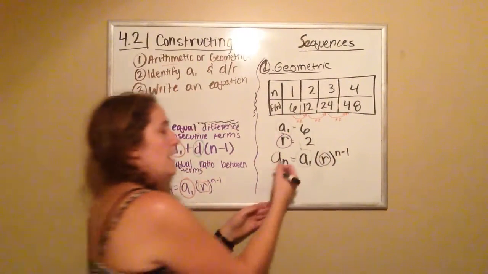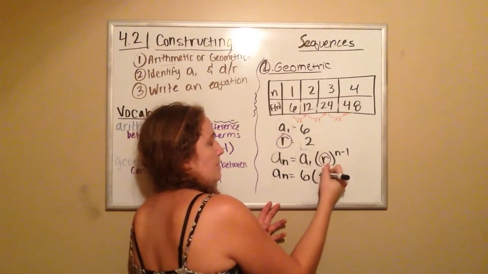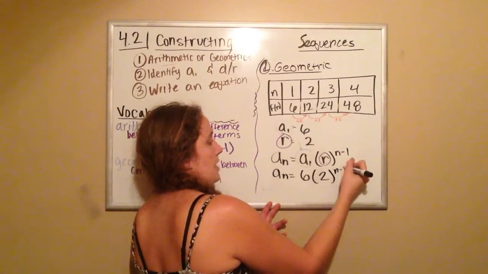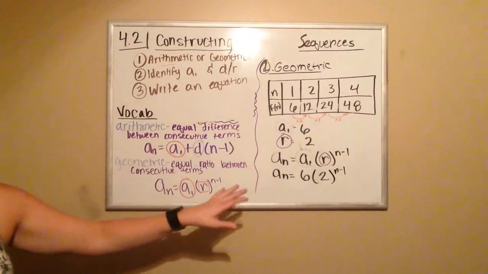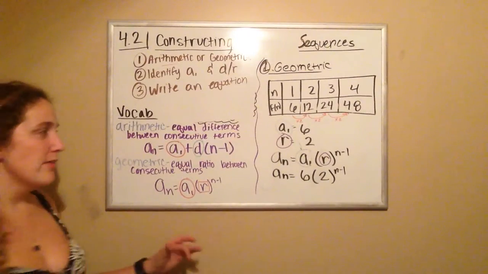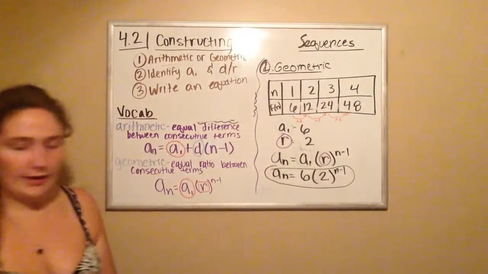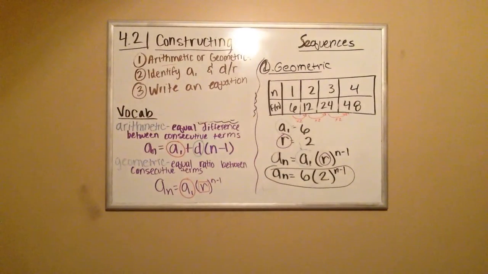So we get A of n is equal to 6 times 2 to the n minus 1. There's some stuff we could do to simplify this, but we're not even going to bother. This works out great for us. So that's our standard form. That's our final equation to represent that sequence.